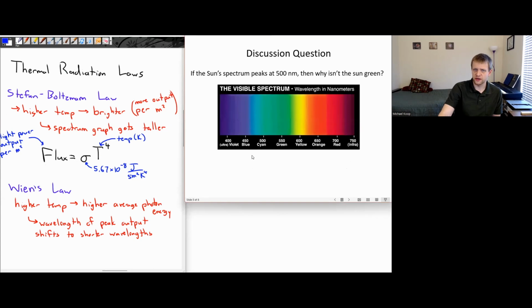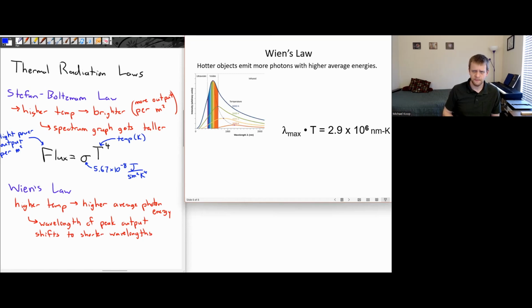In fact, I'm going to skip over that for just a second and look at Wien's law. So Wien's law is, again, essentially hotter objects emit more photons with higher average energies. And on these kinds of graphs, that means this wavelength of peak emission, as you increase the temperature, is going to go to shorter and shorter wavelengths.